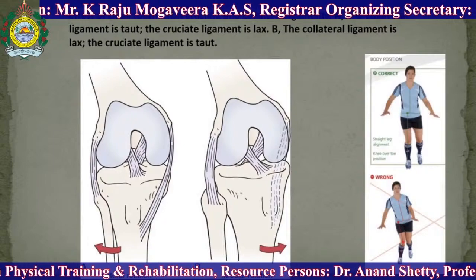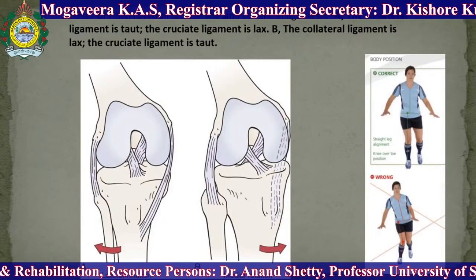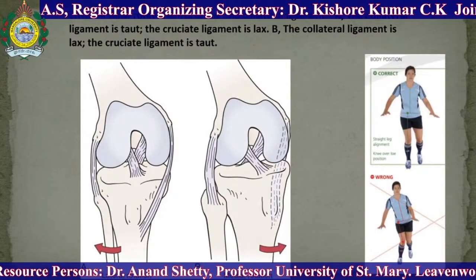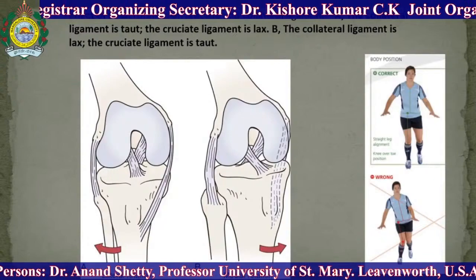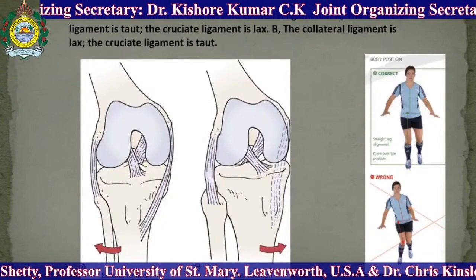So as you see this picture of the soccer player in a position with her leg relatively underneath her hip, compared to a position where her knee is dramatically knock-kneed or bowed inwardly.